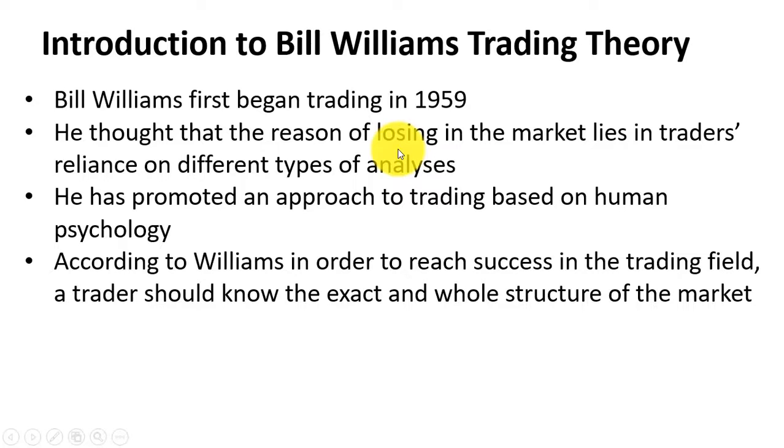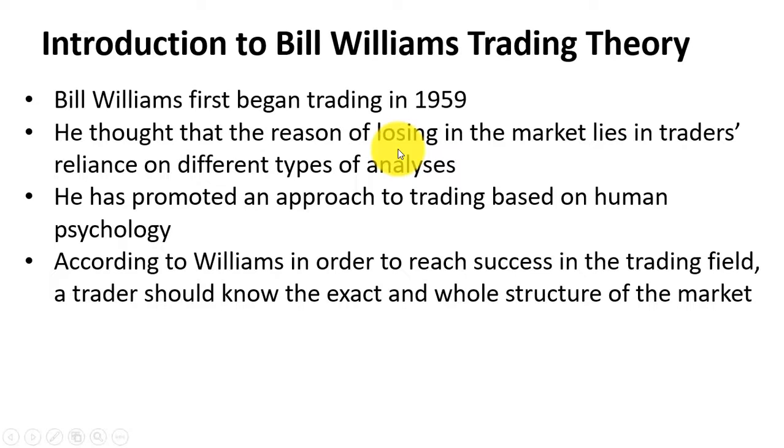Bill Williams considered them useless and even dangerous, as the market changes all the time and one cannot rely on patterns and theories used in the past. Therefore, he promoted an approach to trading based on human psychology rather than strictly using technical or fundamental analysis.